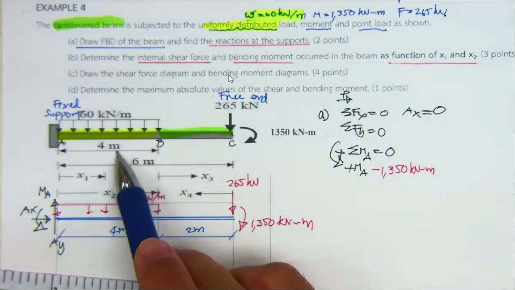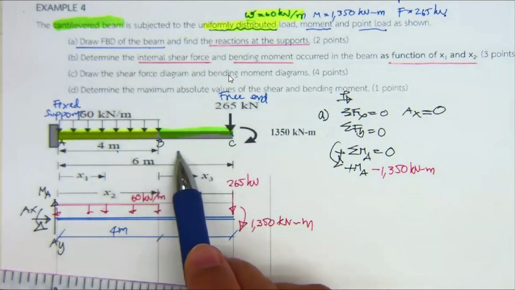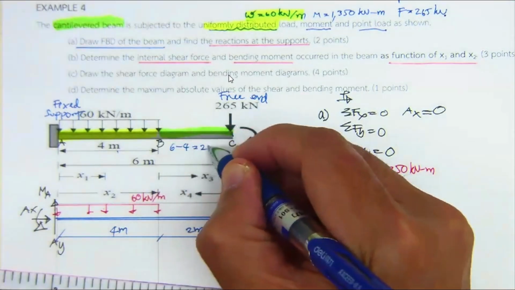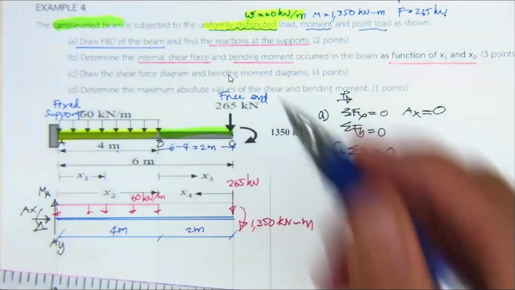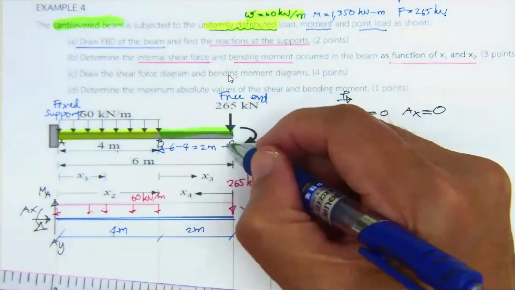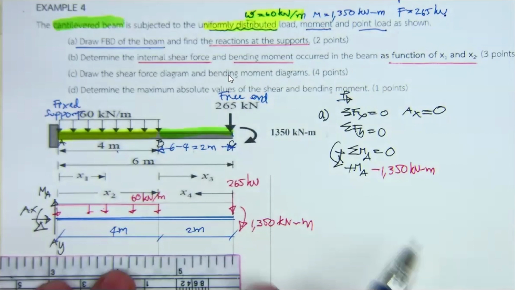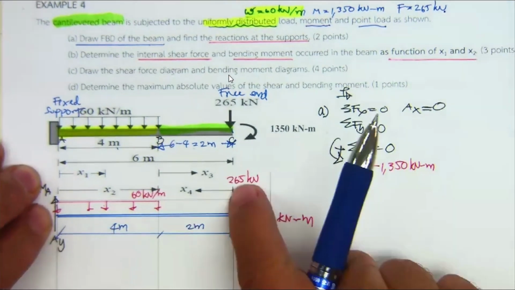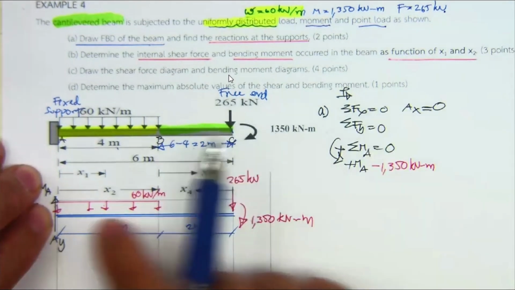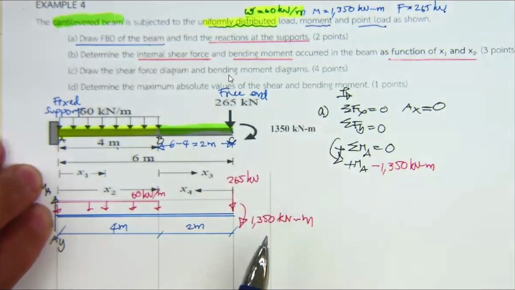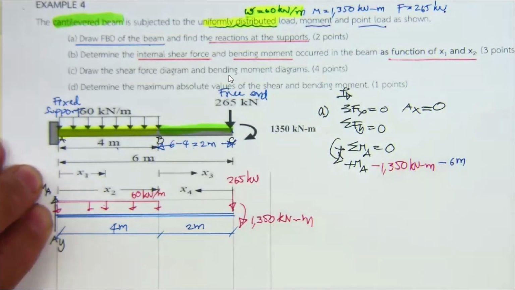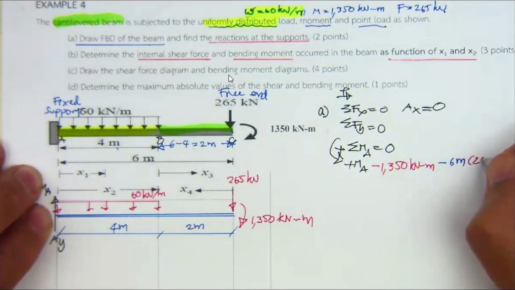Therefore, this is going to be 6 minus 4, equal to 2 meters. Now, for this one, the 265 kilonewton has a 6 meter moment arm, rotating in the opposite direction: minus 6 meter times 265 kilonewton.